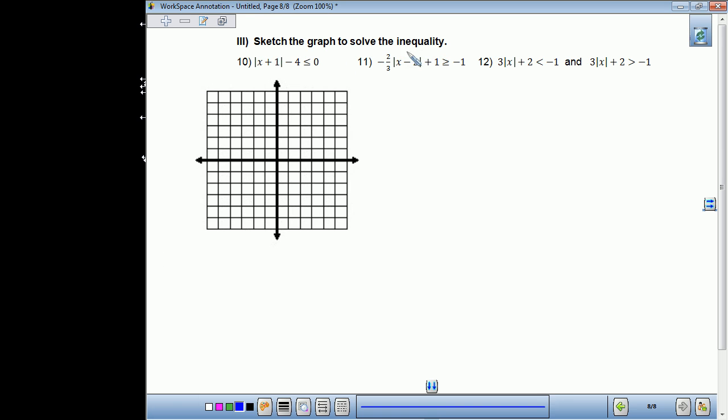If we are to solve this graphically, so we have a shift left 1, down 4, right? And then we would, I totally messed up. Let's see, where's my line tool?